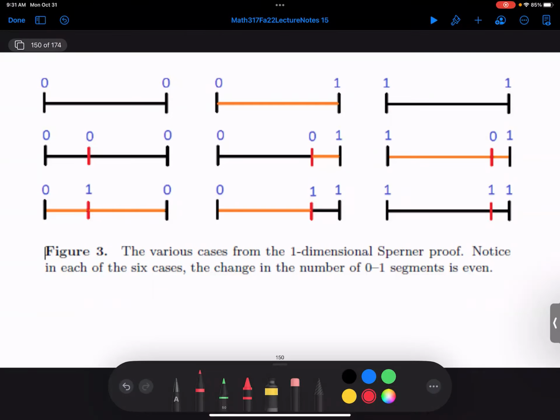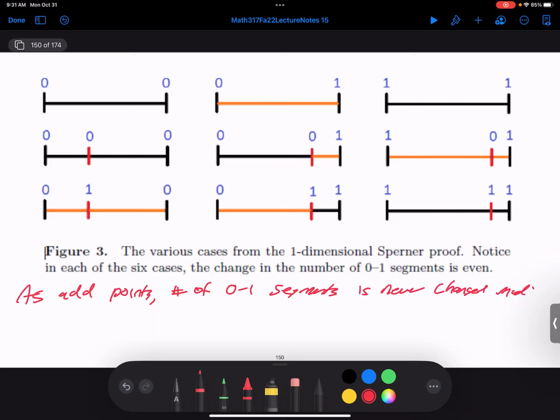So as we add points, the number of 0, 1 segments is never changed mod 2, right? It always stays the same because we either add 0 or we add 2. We don't change its remainder when you divide by 2.